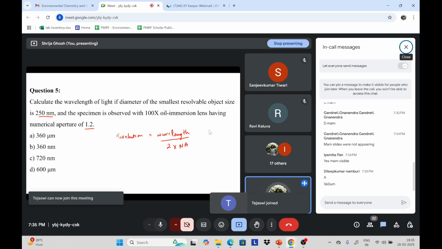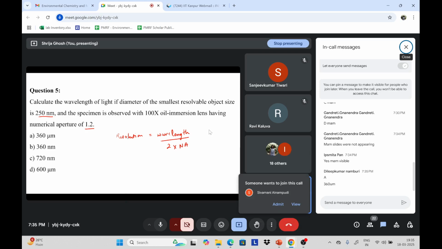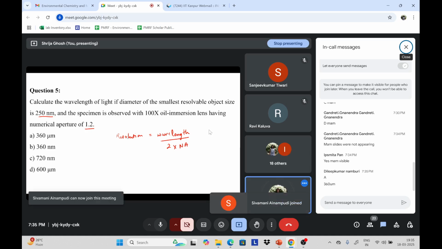Dilip has solved it and he's saying 360 micrometer. Okay.